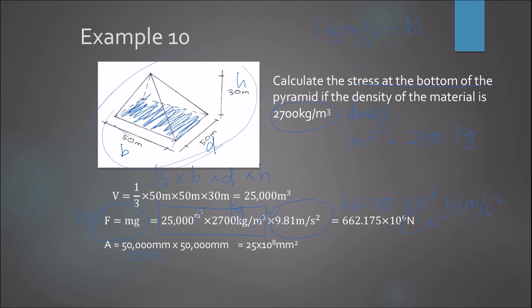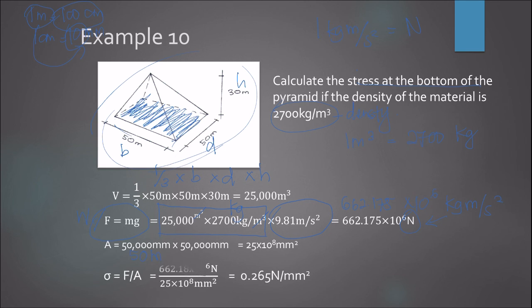Sebab 1 meter 100 cm, 1 cm 10 millimeter. So daripada 1 meter nak pergi ke millimeter, kena darab 100 darab 10. Right? Jadi darab 1000 lah. And dia both side. Jadi you dapatlah area dia.